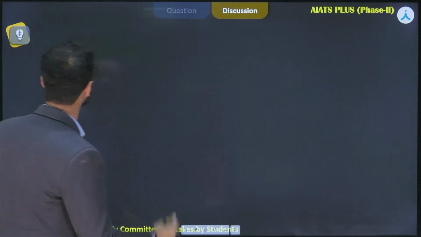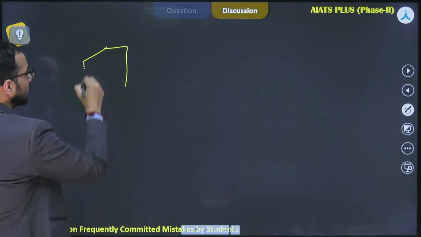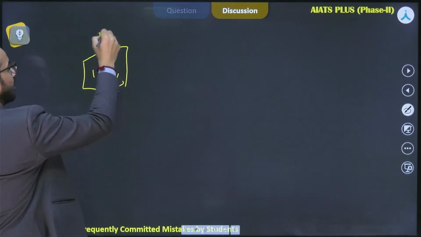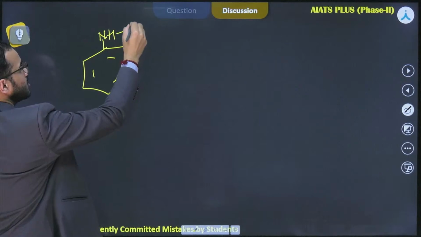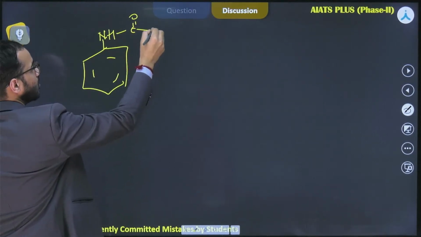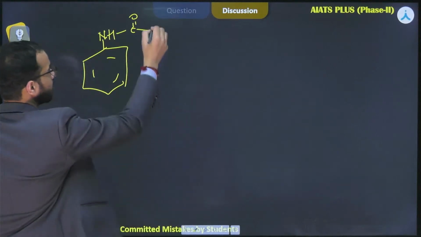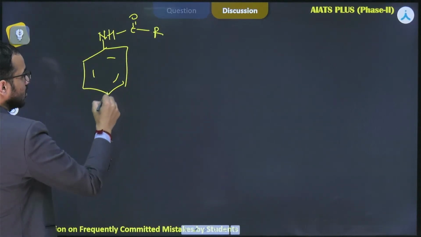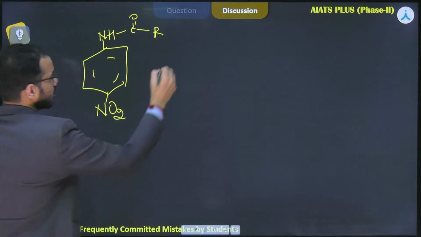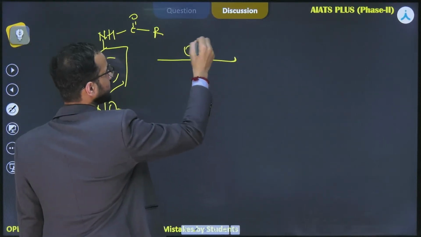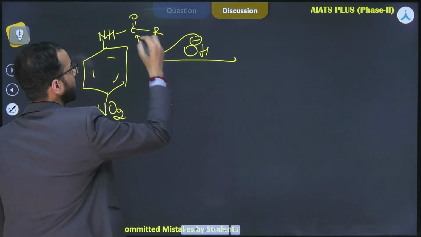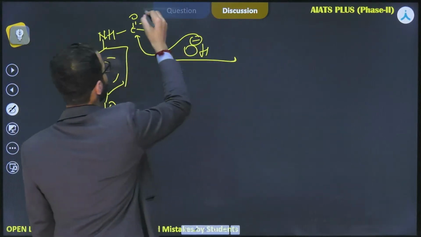If the reaction NH, C double bond O, R group, here NO2, you are reacting with base, the negative charge will attack over here, this will move again.